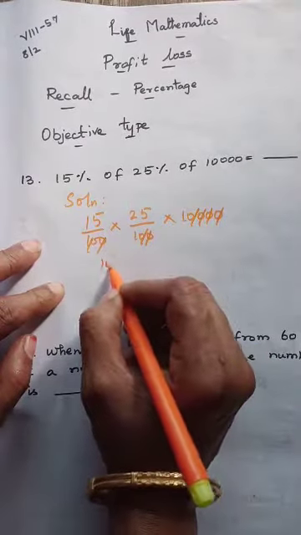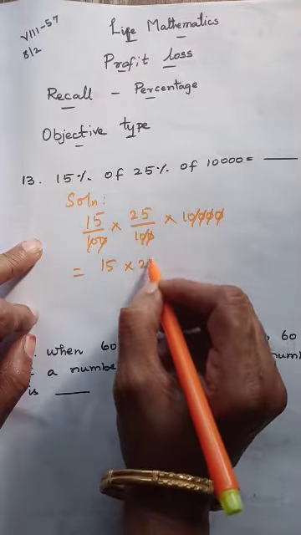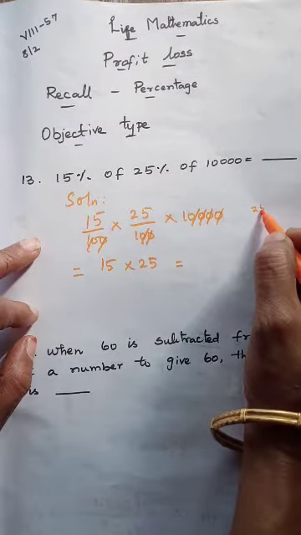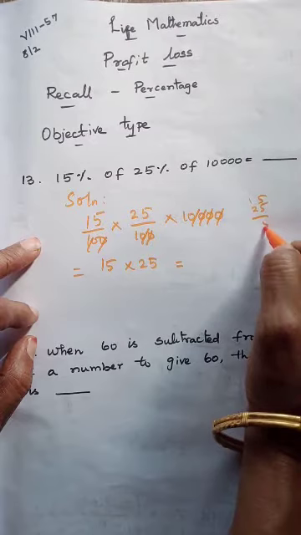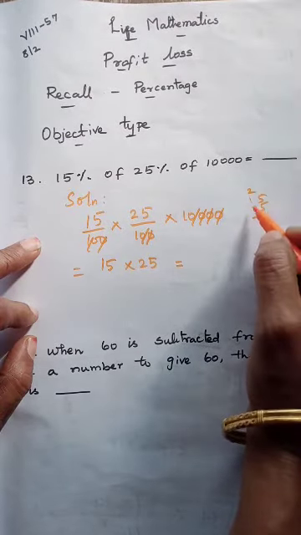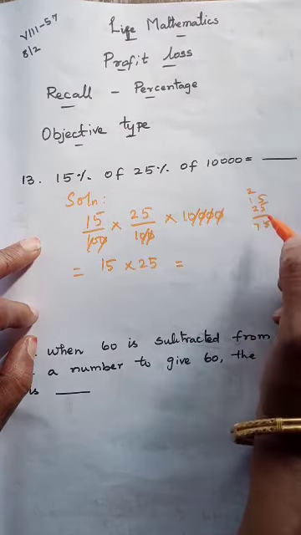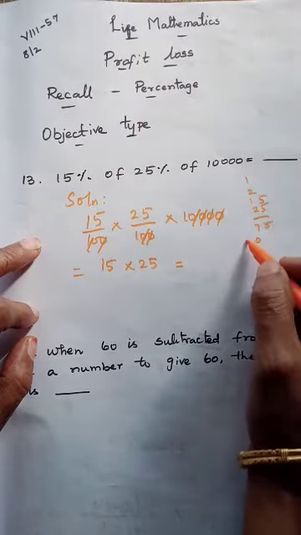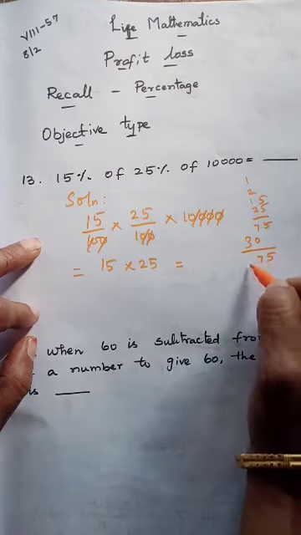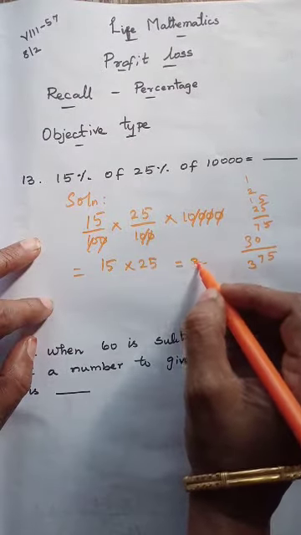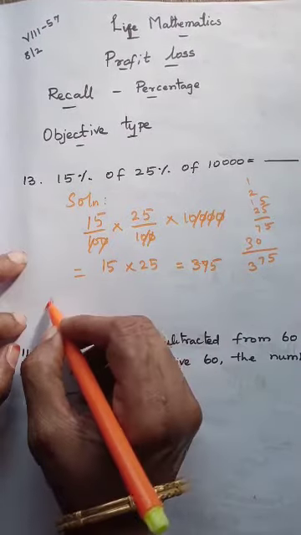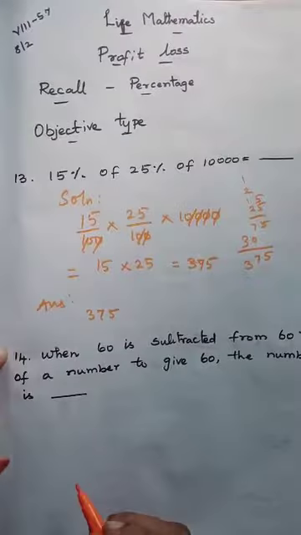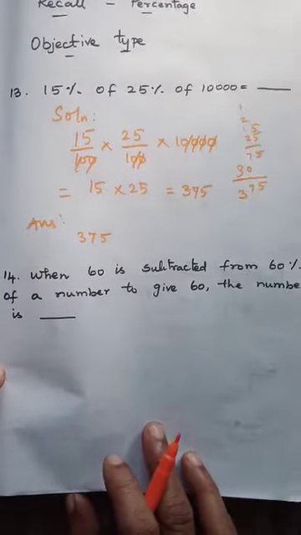Now 15 into 25 is equal to, you multiply and see, 15 into 25, 5 5s are 25, remainder 2, 5 1s are 5, 5 plus 2, 7, then 2 5s are 10, 0, remainder 1, 2 1s are 2, 3. So 5, 7, 3. That is 375. So the answer is 375. Yeah. We shall move to the 14th sum.